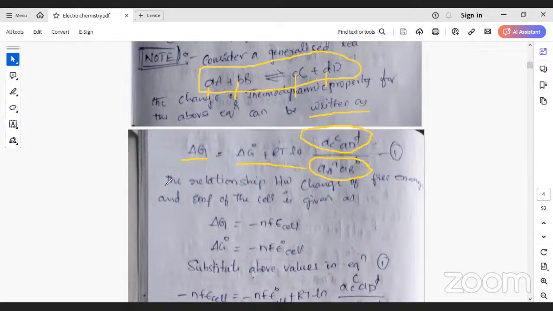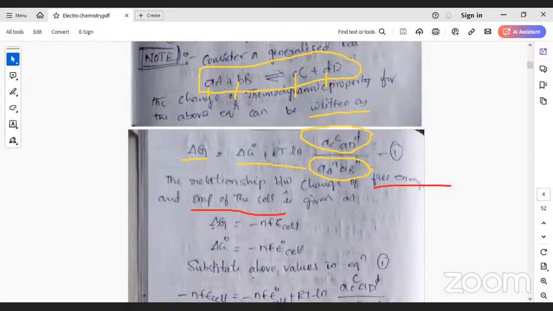Now we know the relationship between the change of free energy and the EMF of the cell. The Gibbs free energy and the EMF of the cell have a relation, which is why we considered the Gibbs free energy change for the particular reaction.